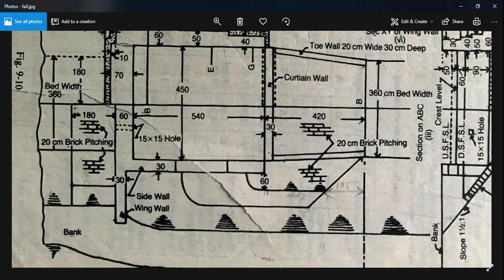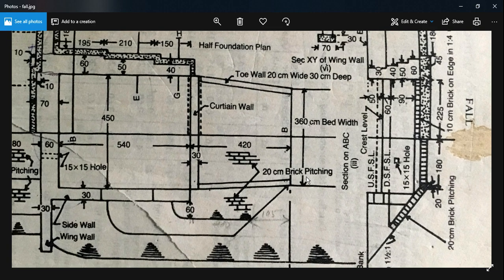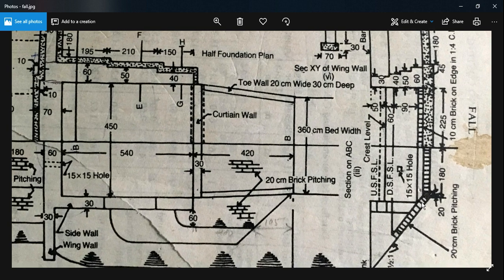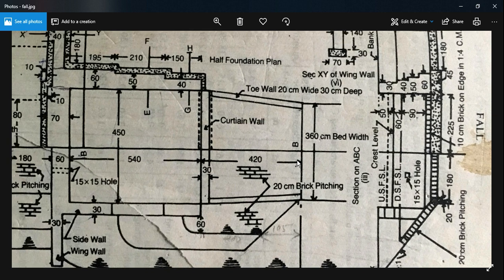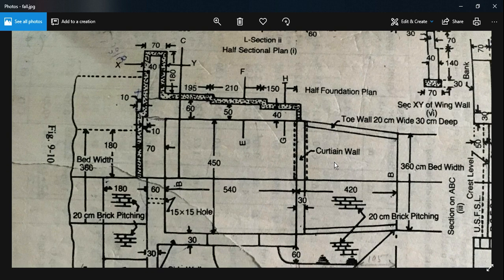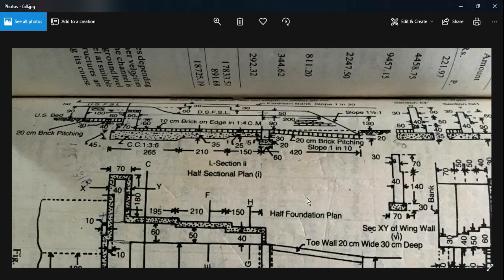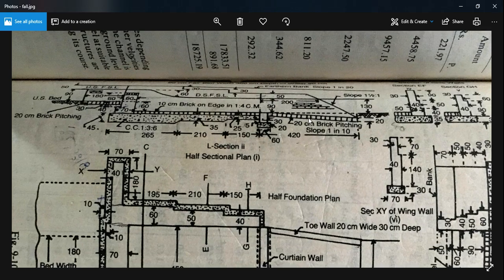Now for the depth, in the same way as we calculated for this, we'll calculate the depth. As we have found, the depth turned out to be 0.8, that is the vertical depth at this portion, but we need to convert that to slant depth at a slope of 1.5:1.